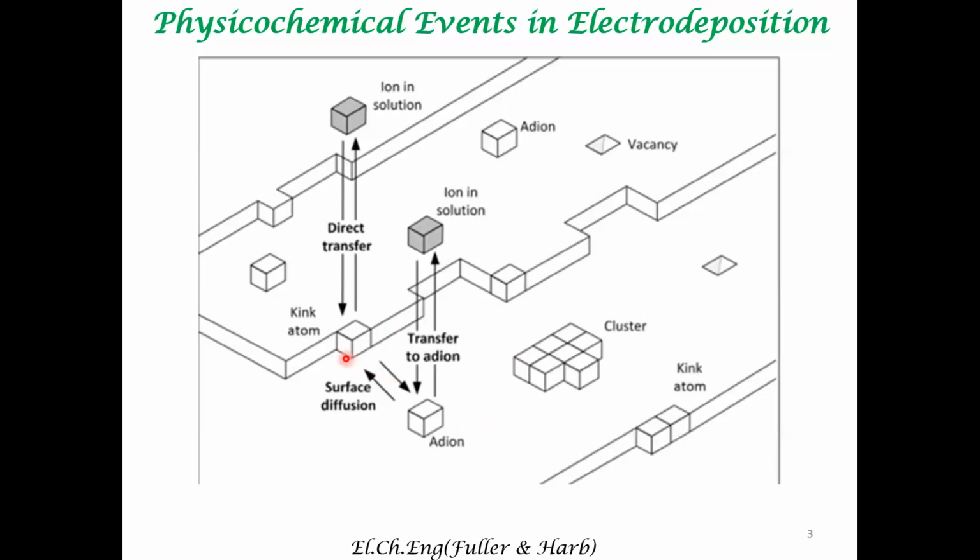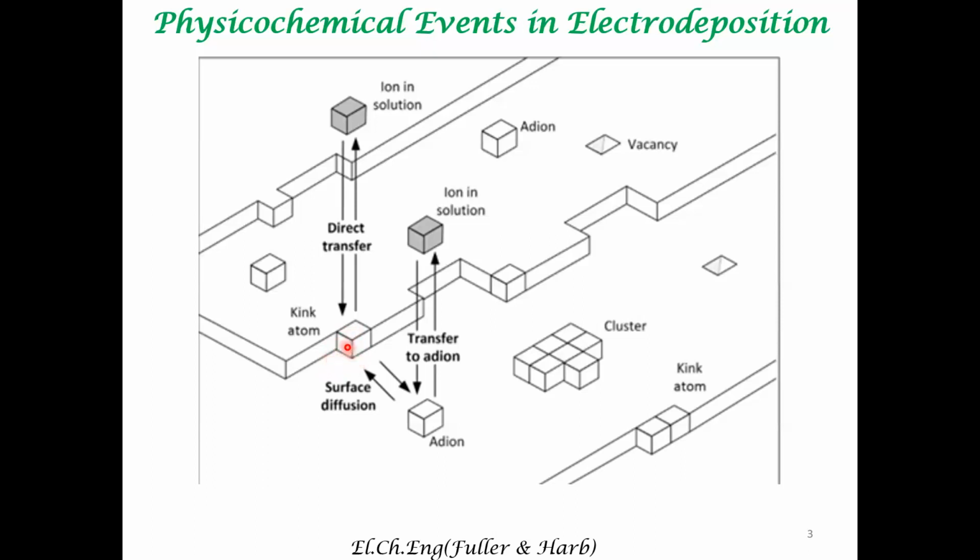The kink site has greater surface energy compared to, let's say, the flat surface or step edges. So there's a greater chance that electrodeposition is initiated at the kink site. If the electrodeposition is initiated at the kink site, a new kink site is also generated.